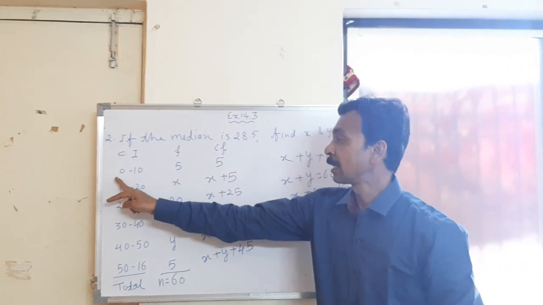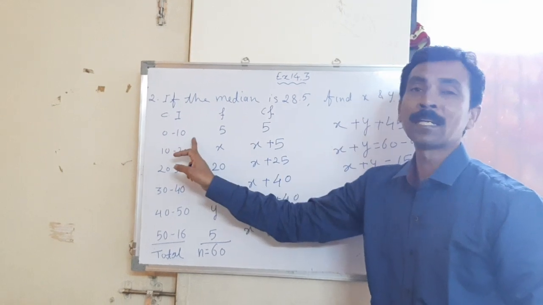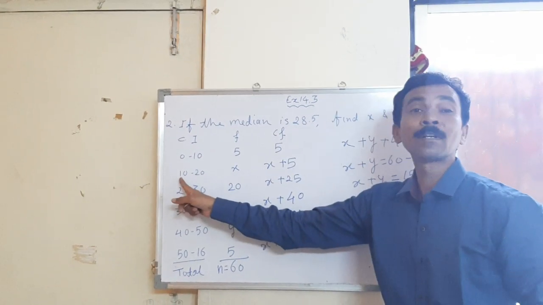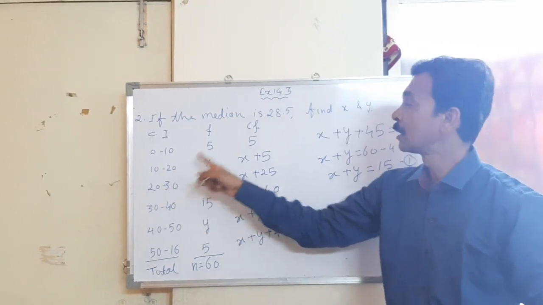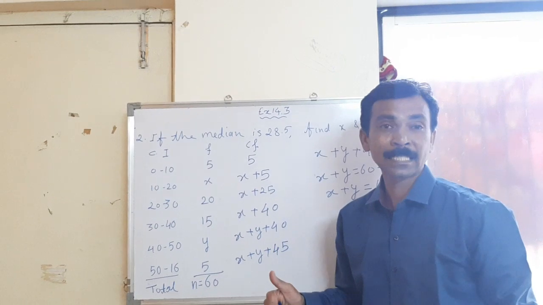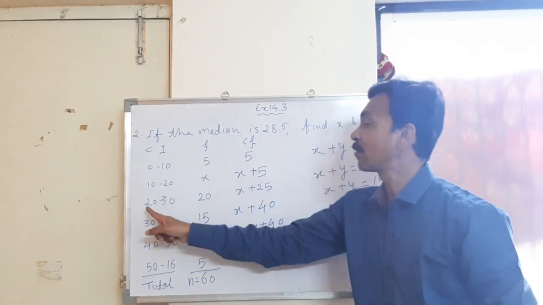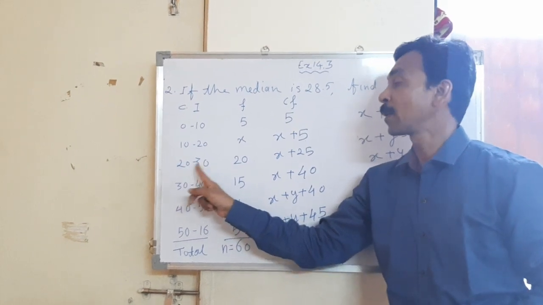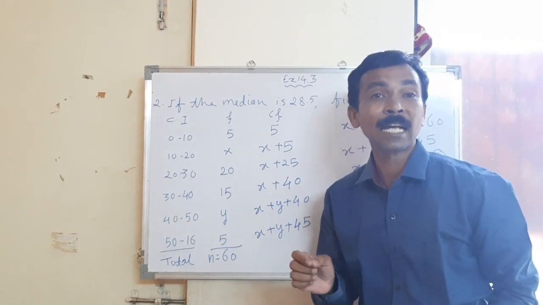Let's see. Is 28.5 in 0 to 10? No. Is 28.5 in the class interval 10 to 20? No. Is 28.5 in the class interval 20 to 30? Yes. 28.5 lies in the class interval 20 to 30. So 20 to 30 is the median class.